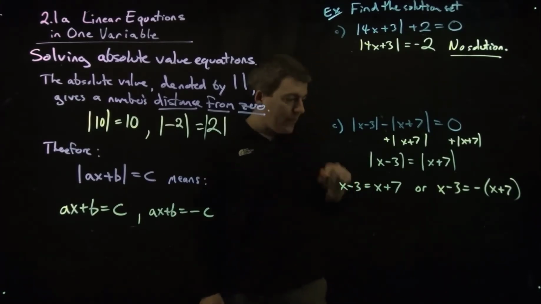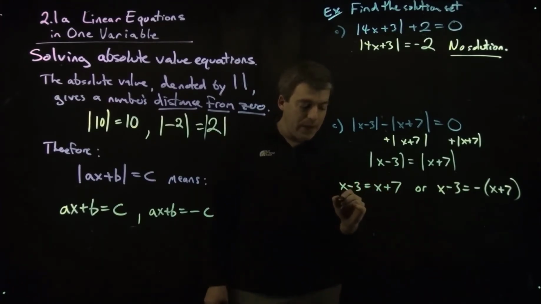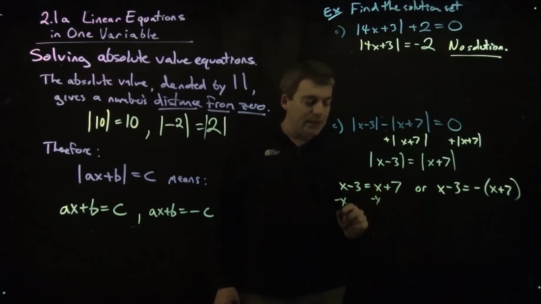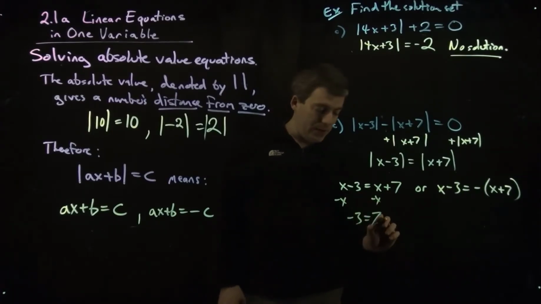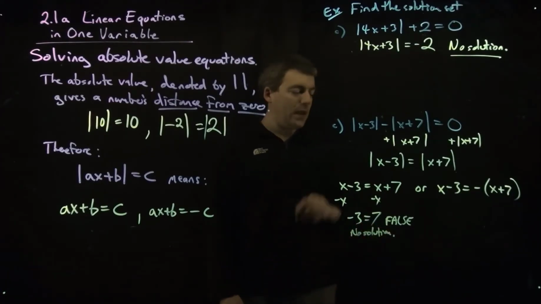Okay, let's solve these. For this first one, subtract the x, and we get negative 3 equals 7. Well, that's false, and that means there's no solution from this side. Okay, let's try the other side.